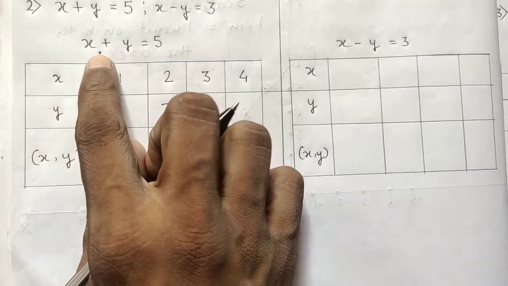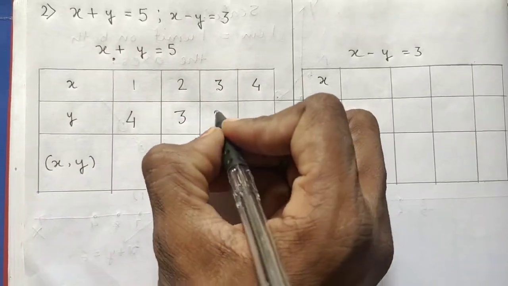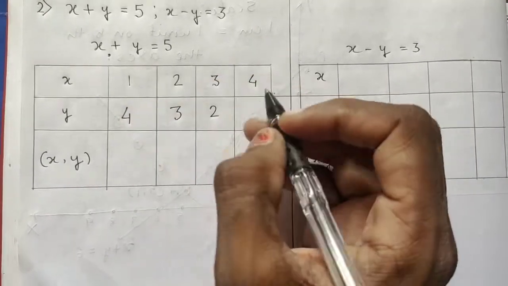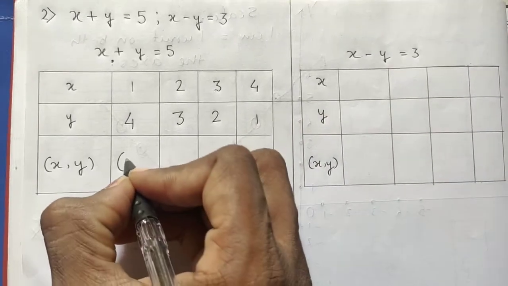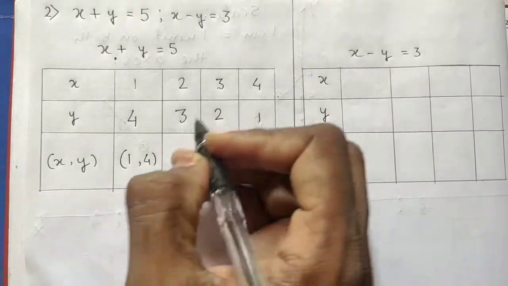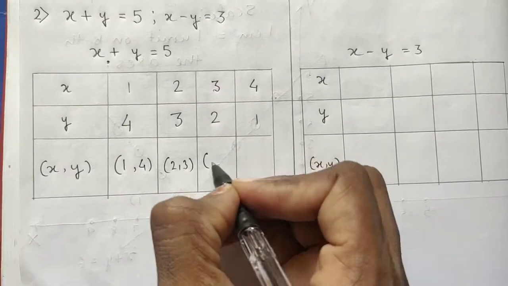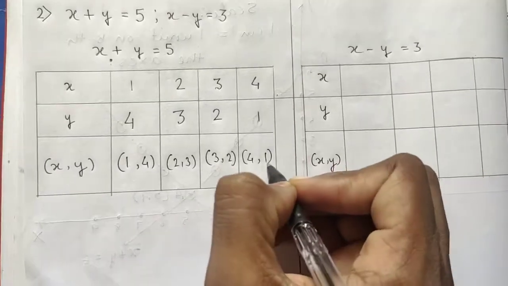Now, if x is 3, what will be your y? 2, because 3 plus 2 gives you 5. And last one, if x is 4, then y should be 1, so that it becomes 5. So in this case, we got the values. Now this is 1 comma 4, this is 2 comma 3, this is 3 comma 2, 4 comma 1.